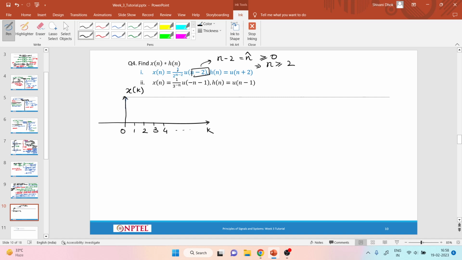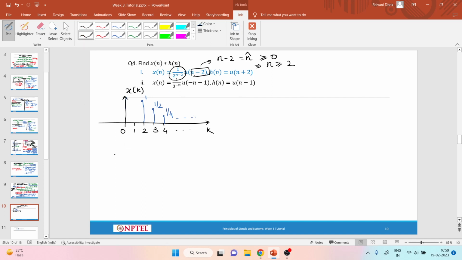And here at n equal to 2, or rather k equal to 2, this factor will be taking a value of 1 upon 2 power 2 minus 2, that is 1. So therefore at k equal to 2, this will be taking value as 1. Then at 3 it will be taking value as 1 by 2. At 4 it will be 1 by 4, and so on. So this is your x of k.